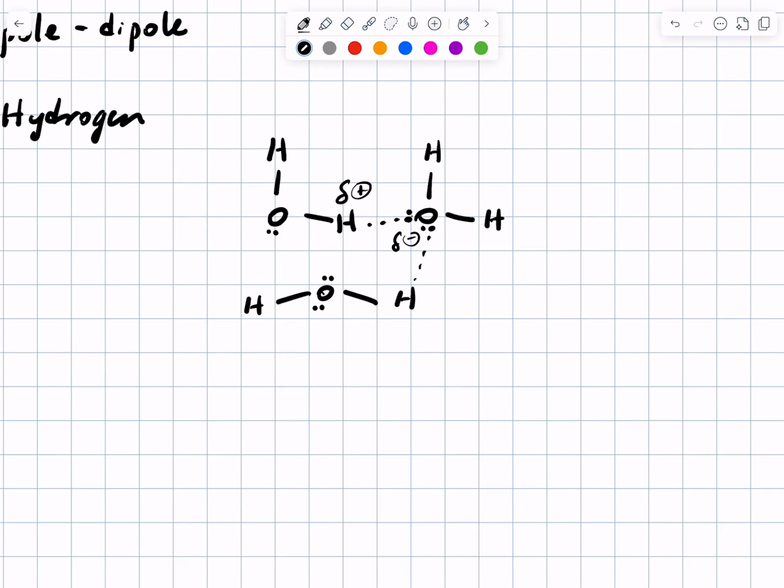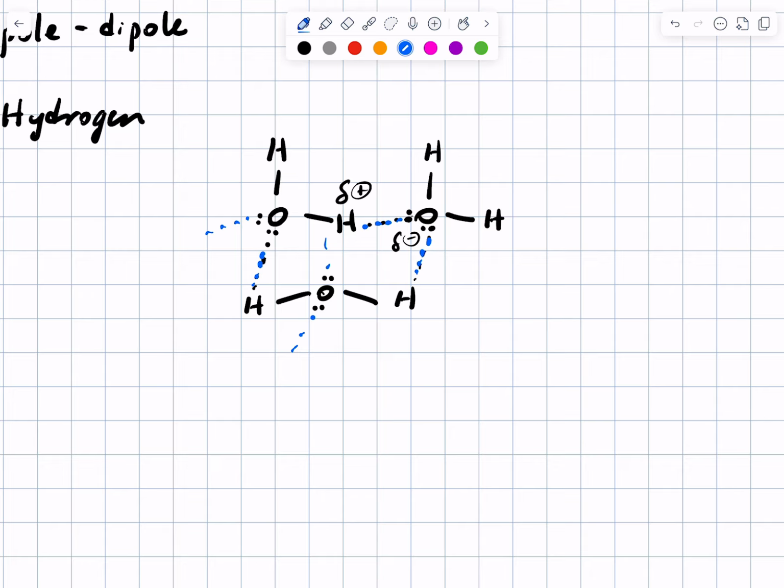This oxygen's hydrogen bound to this hydrogen, and it would be hydrogen bound to another. And so each of these blue lines is a hydrogen bond, and each of the lone pairs would be involved in a hydrogen bond. And so you have this network of water molecules, each hydrogen bound to each other.